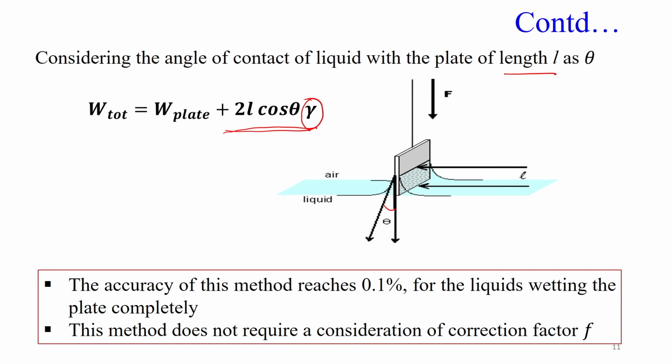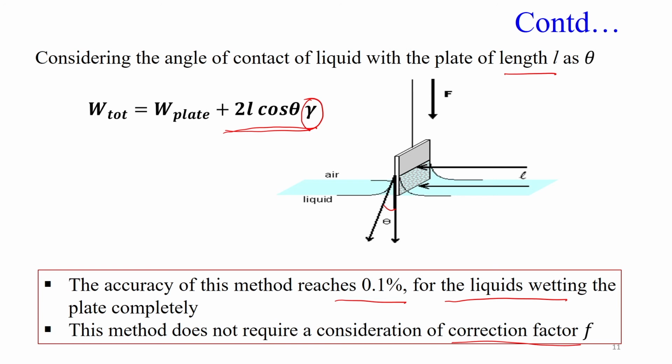The 2 is there because the plate is in contact from both sides. The advantage of this method is that it does not require consideration of a correction factor. This is the first advantage, and the second advantage is that the accuracy of this method is 0.1% if the liquids wet the plate material properly.